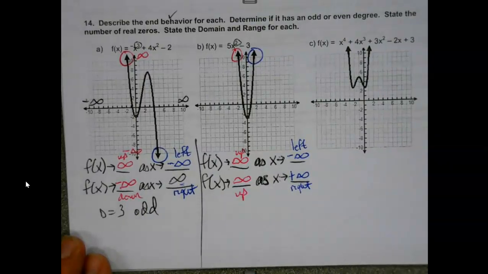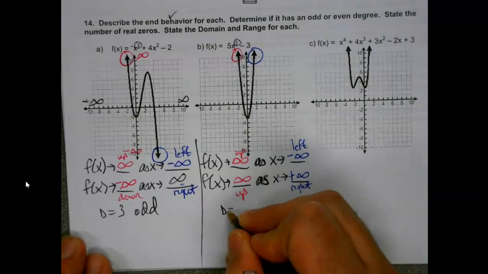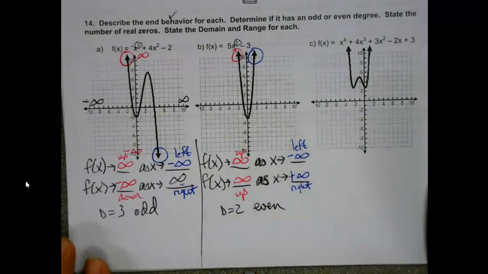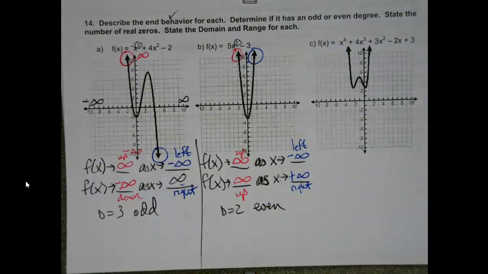Okay. My degree is 2. 2 is an even number. Okay. What we'll do tomorrow is show you how to just look at the graph without having the equation and still be able to tell me if it's odd or even, which is a really slick trick and makes things go faster with all of this. But I'm going to save that for then.